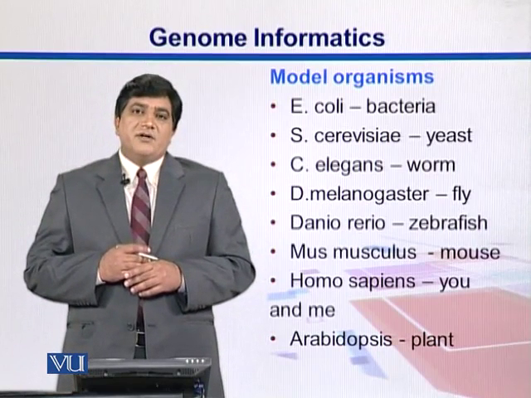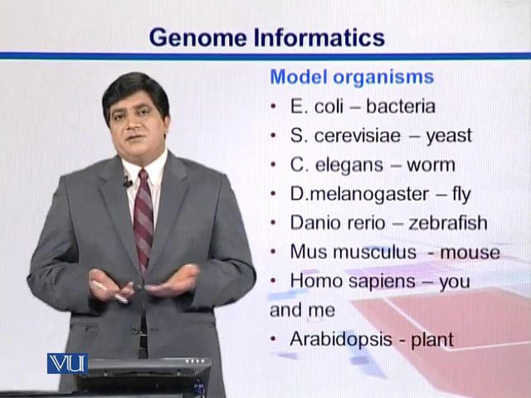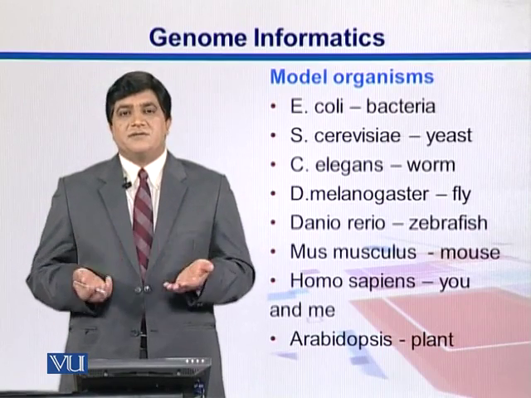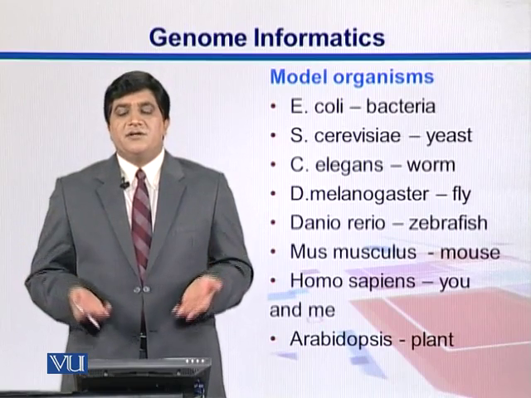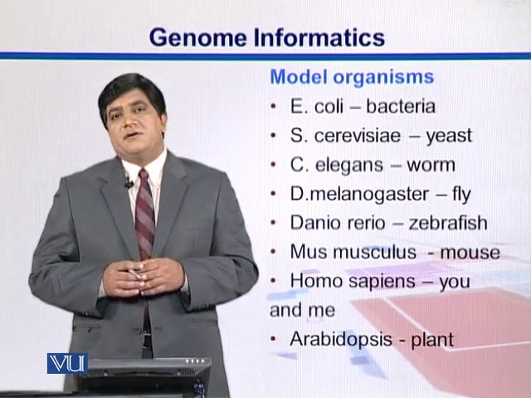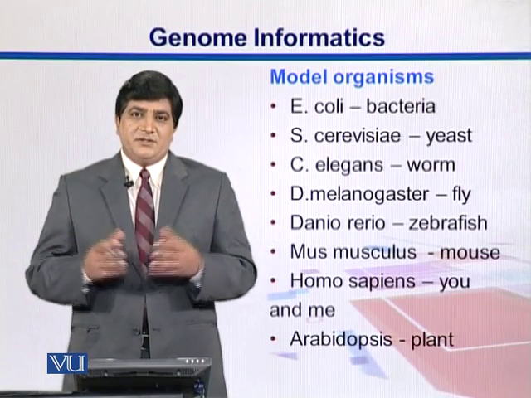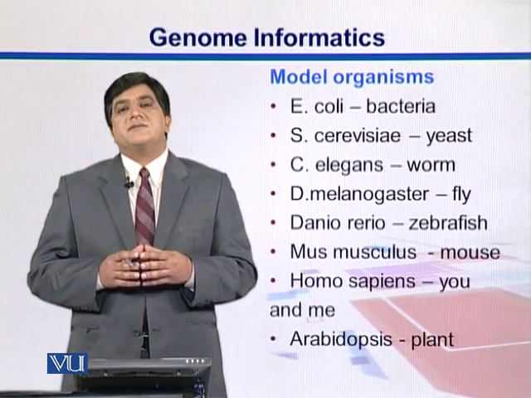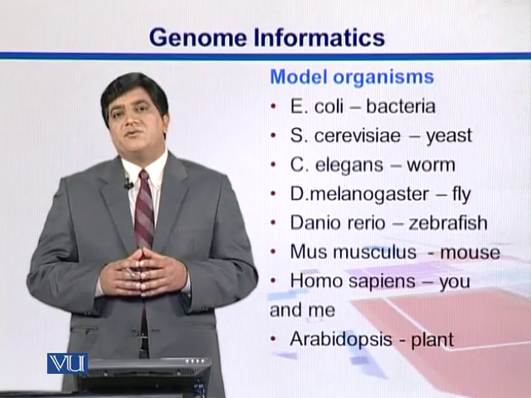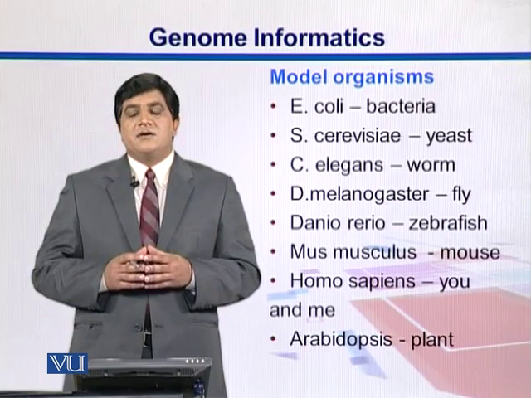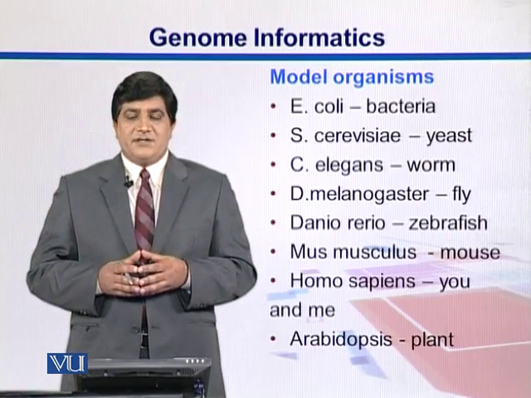Most of the time while we are doing those genome sequencing projects, our objective is obviously our health. We are looking for correction of some diseases. We are improving some crop varieties for having more food. We are maybe looking into different drugs against different organisms. So it's a good idea to have those model organisms that can help us study these processes in labs.